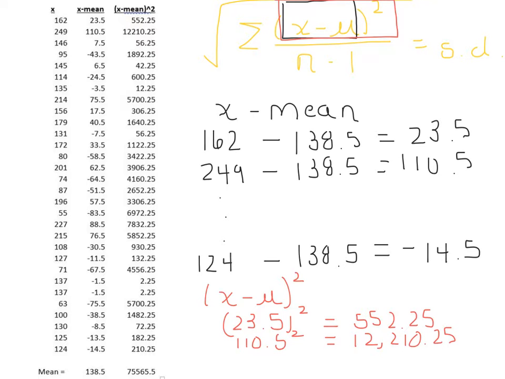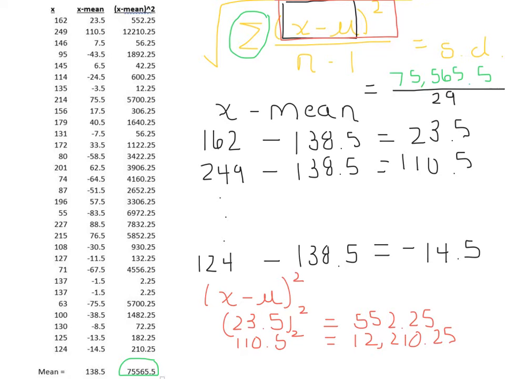Then my formula tells me that I have to add up all those squared deviations. So when I add up all those numbers in the column on the right, I got a sum of 75,565.5, excuse me. That's the numerator portion of this variance. I then had to divide by one fewer than the number of pieces of data that I have. N minus 1 would be 29.